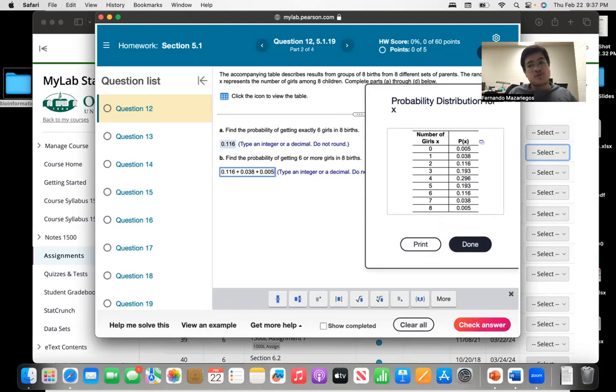When do we use the addition rule? Whenever we have an or. Why do we have an or here? Because we could have exactly 6 girls, or exactly 7 girls, or exactly 8 girls. So that or is telling me to add these probabilities. If we add these 3 numbers, we would get 0.159.